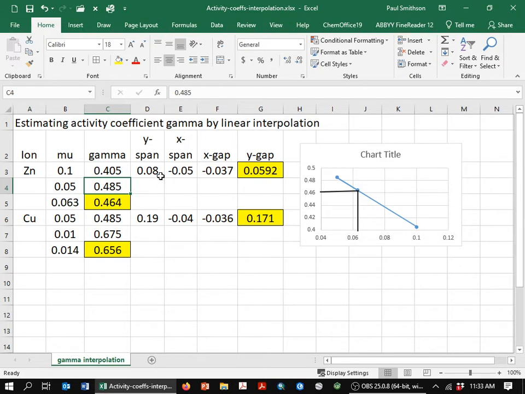So we know 0.485 minus 0.405, 0.08, is the span of our y's. What we don't know is this one around 0.46, which is at 0.063.